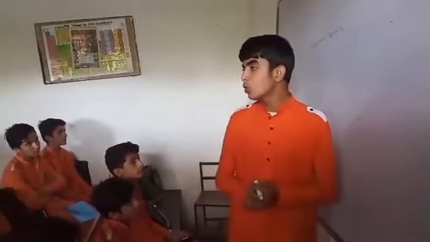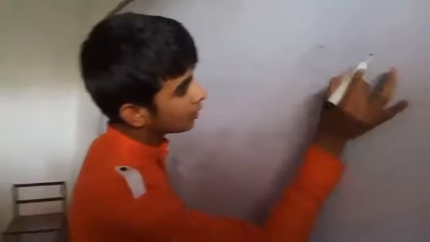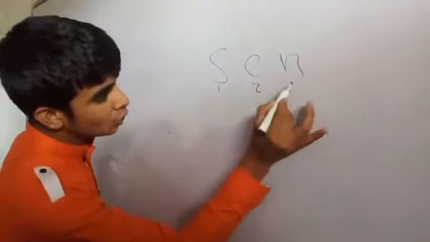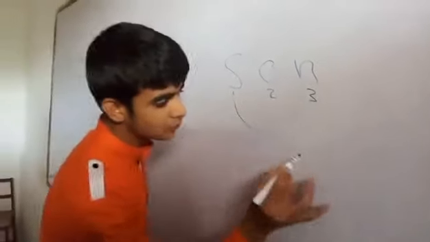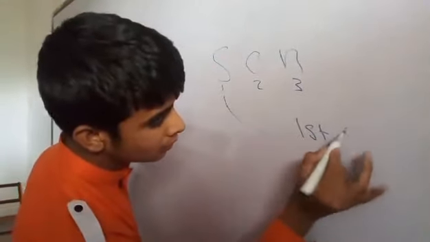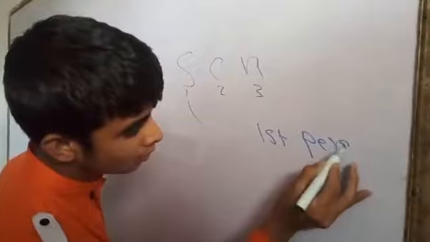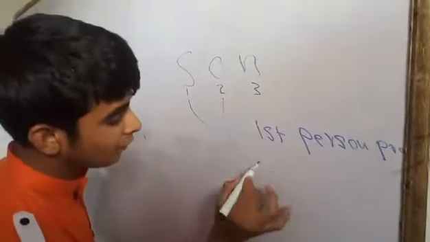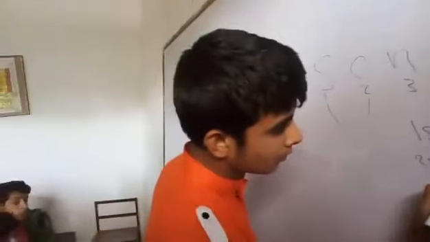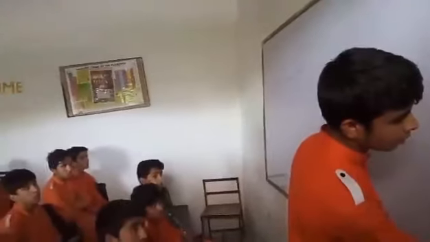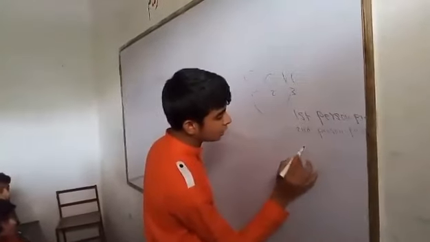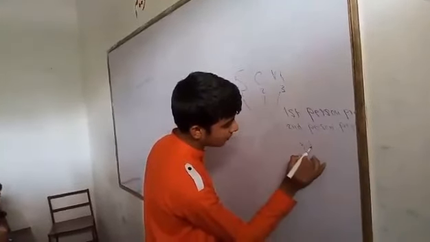There is one formula, S-O-N, the SON formula. Under it, 1, 2, 3. One means first person pronoun, two means second person pronoun, three means third person pronoun.